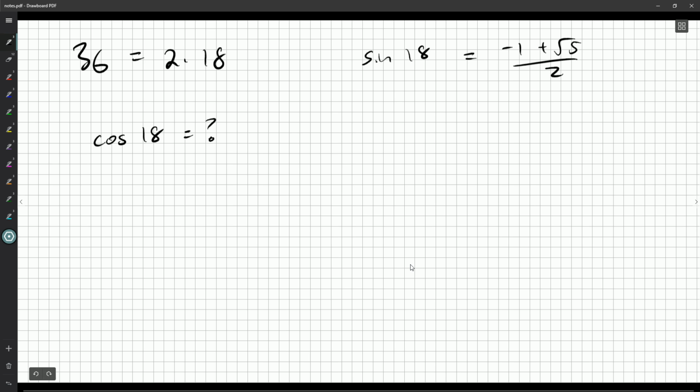Okay, so use the same trick as before. Let's say let theta be 18. What did we do before? We did cos 2 theta? No, it was cos 3 theta. So now let's do cos 2 theta. And sine 3 theta.